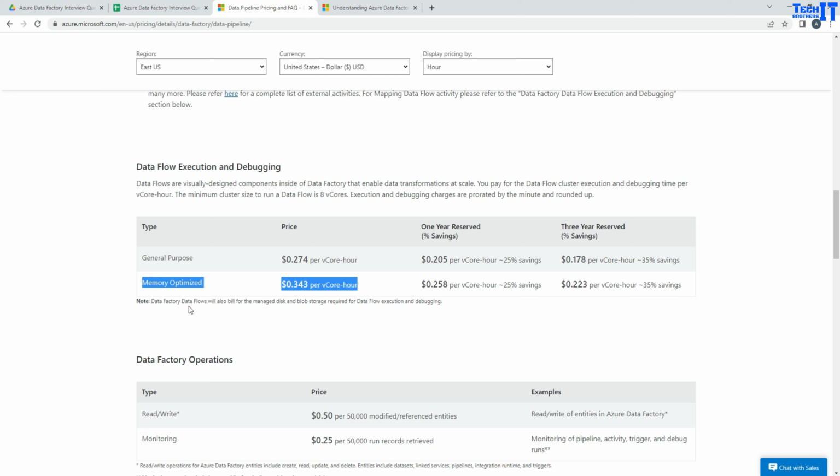That's more expensive. Also, one of the other things, this is very bizarre: Data Factory data flow will bill for the managed disk and blob storage required for data flow execution and debugging. Now you are creating this Spark cluster, and let's say you are using lookups and other transformations, and now it's not fitting into the memory, so maybe it will use some extra disks, and those will be charged. There is no way you would know that.